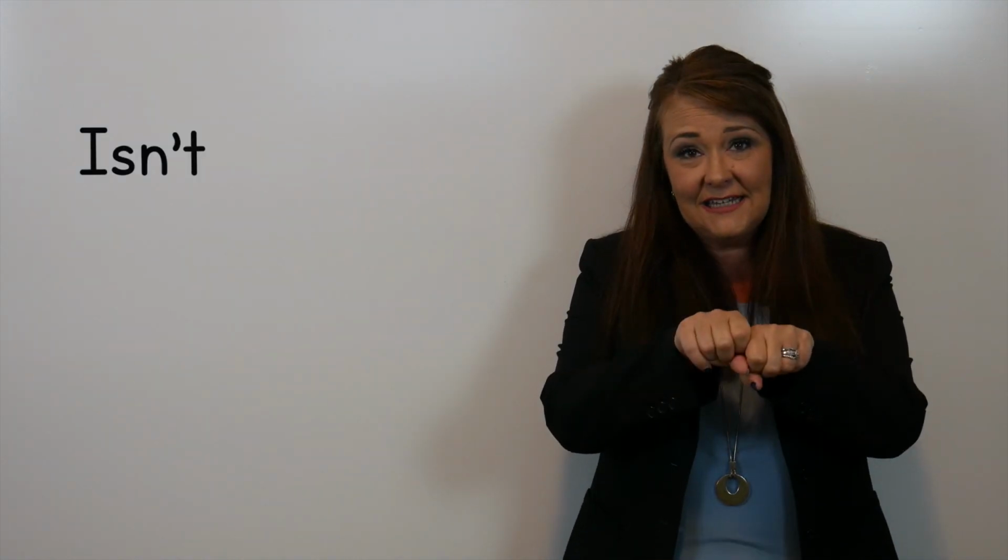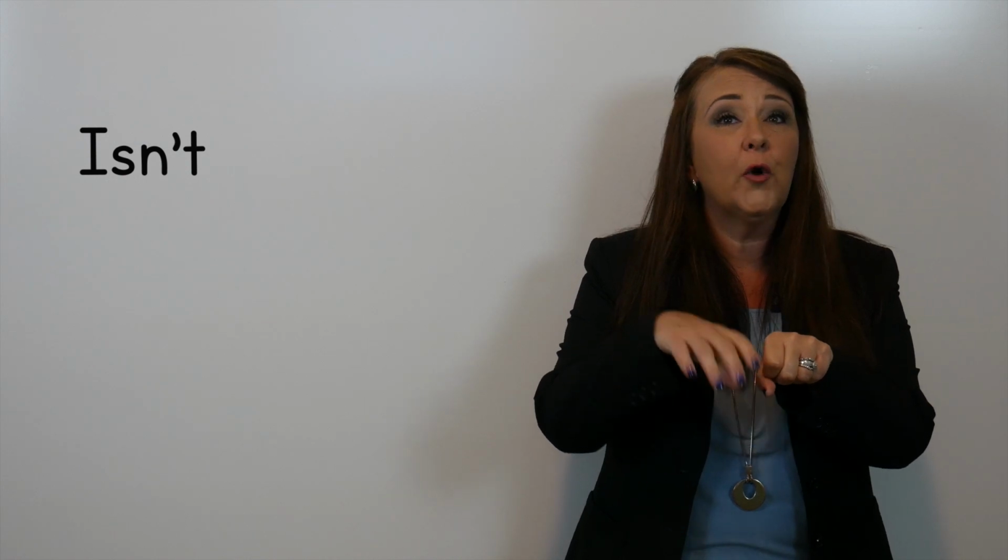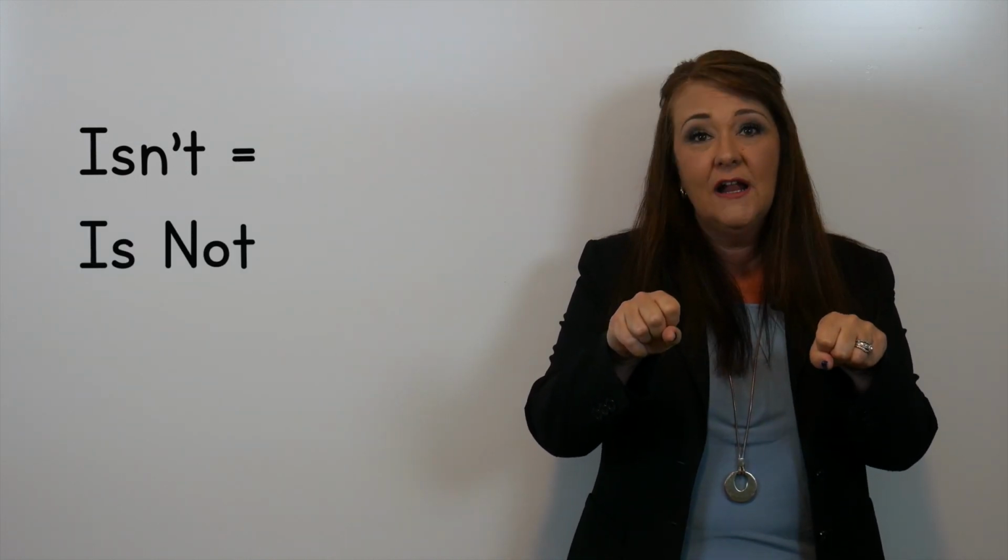And isn't is a contraction for is not. This is important to understand because when we're trying to use the correct verb form, we need to know these things. So, listen and see if you can hear the affirmative or the negative form of the sentence.